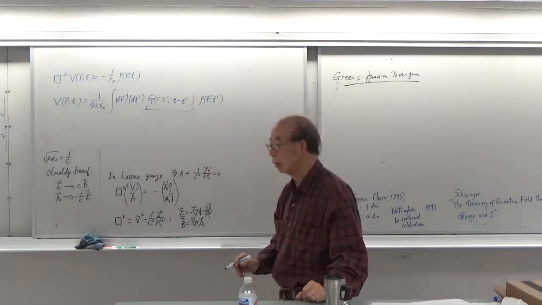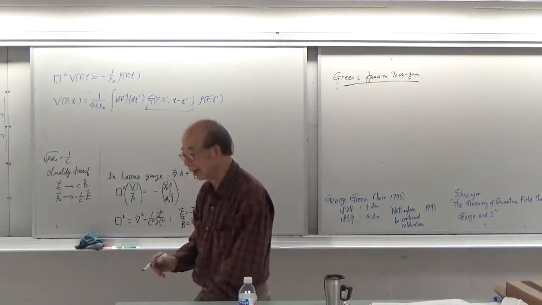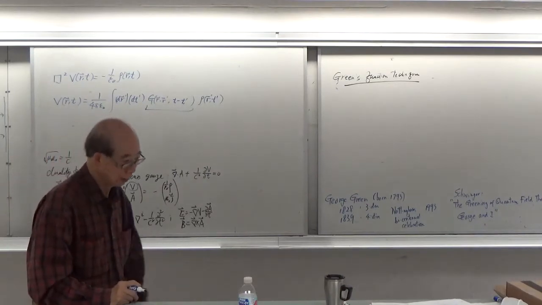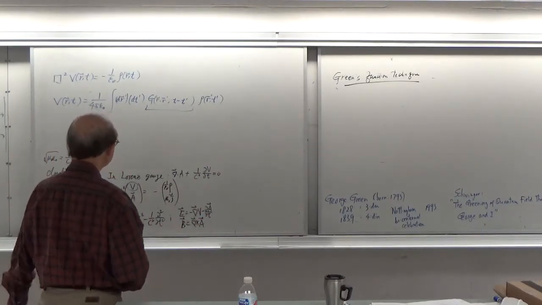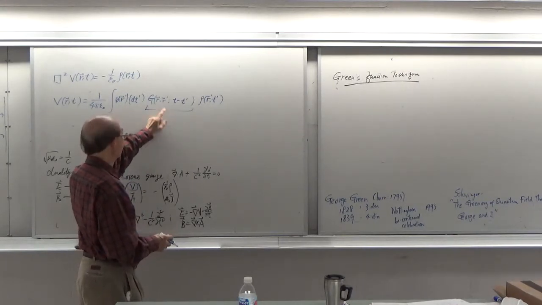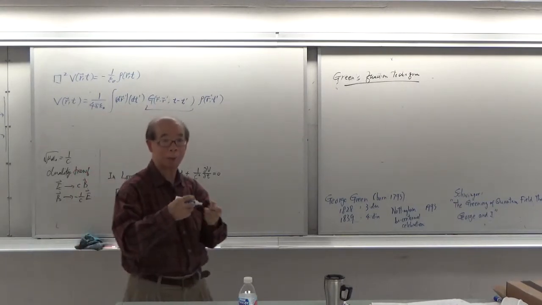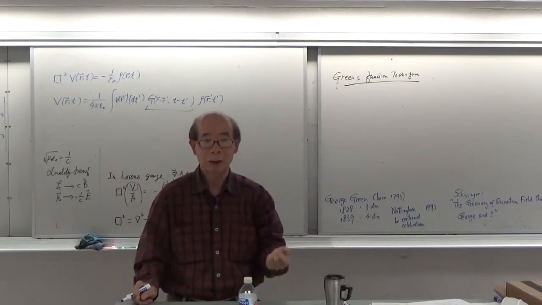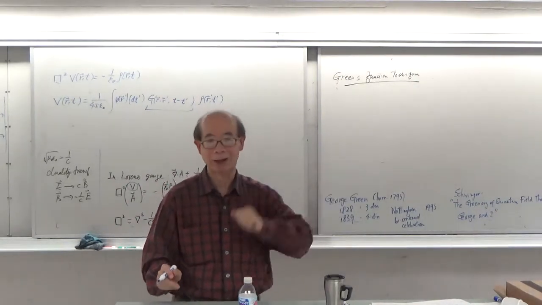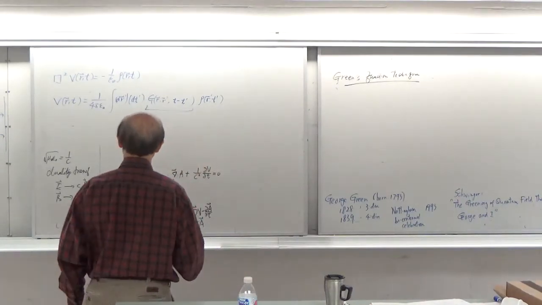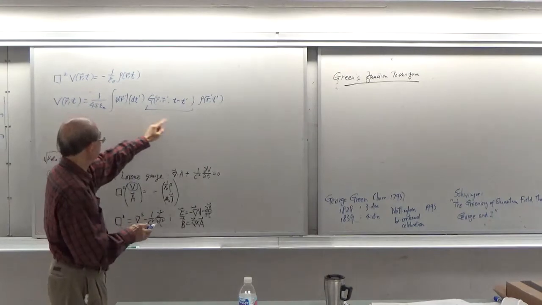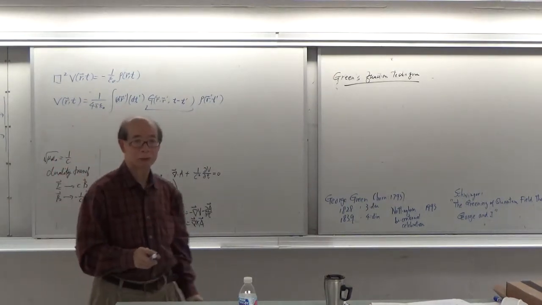In fact, Richard Feynman, one of Schwinger's competitors, looked at things in such a way that he interpreted this Green's function as some kind of propagator. So you may hear of the Feynman propagator for this theory and for that theory, etc. All right? So let's write V in this form in terms of the Green's function.